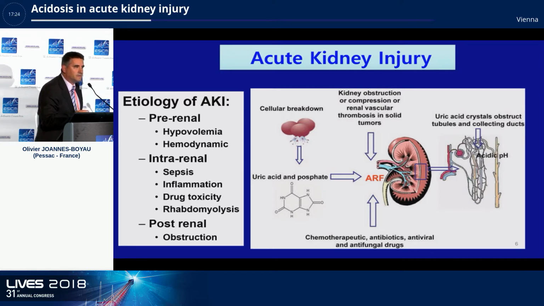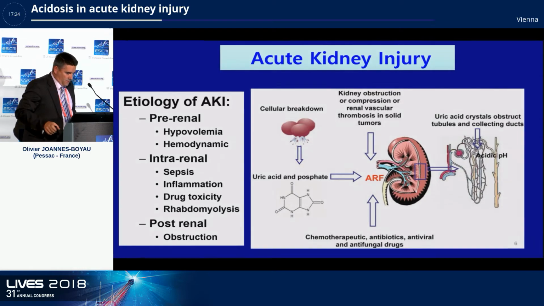All these causes can occur at the same time, and it's difficult to know exactly which was the first insult. You also have obstruction of the urinary tract that can cause metabolic acidosis.